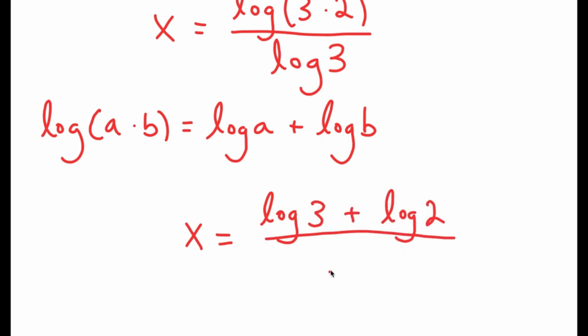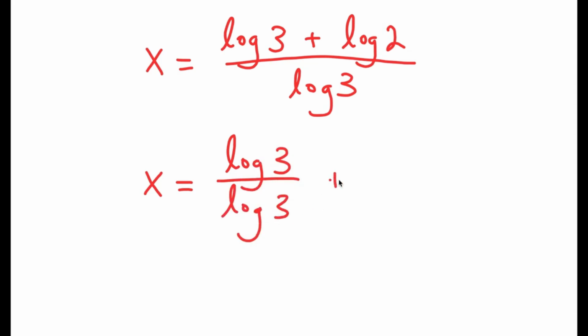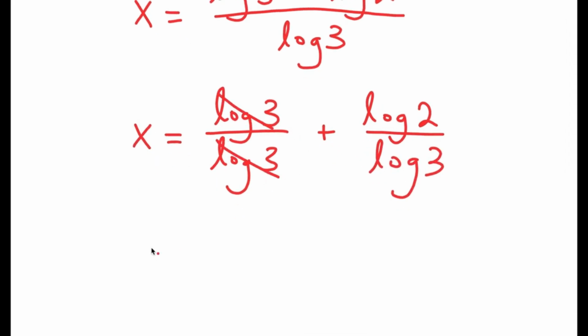And I have this over log of 3. So now this turns into log of 3 over log 3 plus log of 2 over log 3. And now these two cancel out, so I get x is equal to 1 plus log of 2 over log of 3.